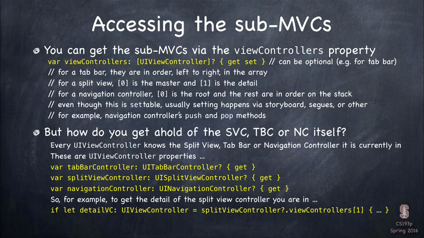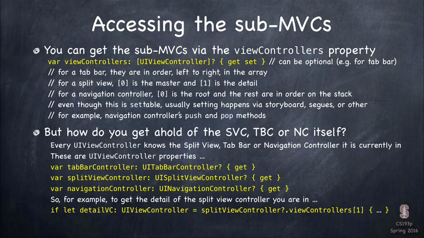It'll also tell you what navigation controller you're in, if you're in one. And you could be in both a split view controller and a navigation controller. Imagine a split view controller where the master is actually a navigation controller that you can navigate through. Any MVC in that navigation controller would have this non-nil, and this would also be non-nil, because it would be in both of those things.